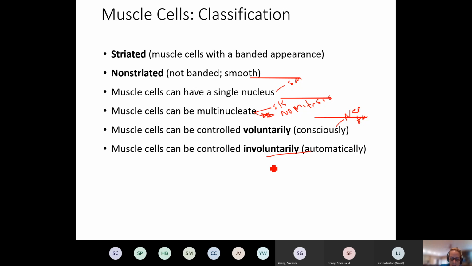That's not going to happen. Okay. And in my heart, again, I can't tell my heart, contract more forcefully right now, or give me another heart contraction. All of that is under involuntary means. And part of that goes back to it being controlled by other mechanisms not directly tied to the nervous system and not directly tied to the areas of the brain where I have conscious control over that.